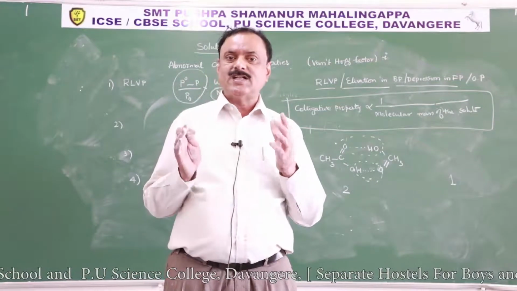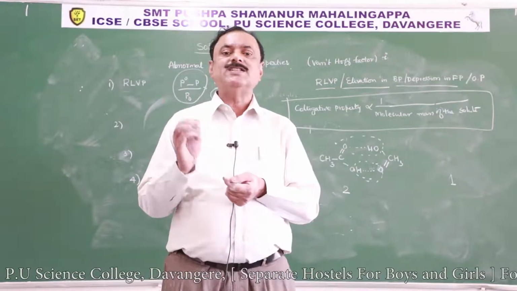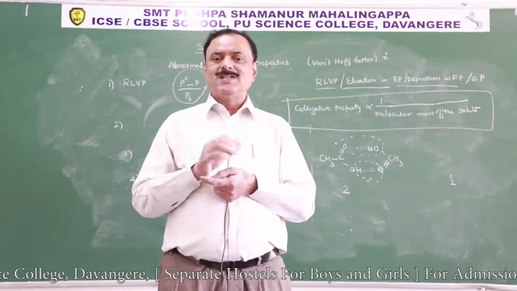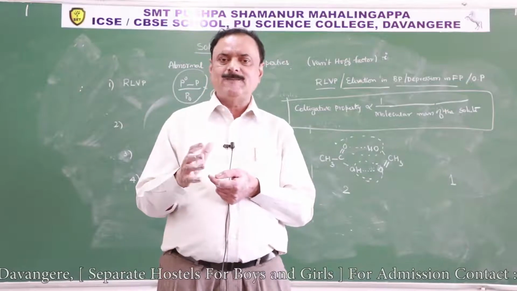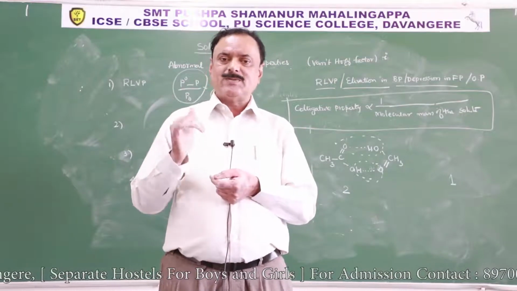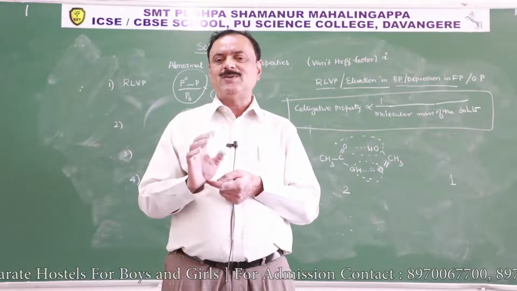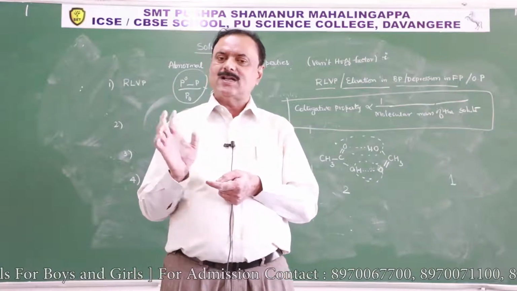Therefore, i stands for the van't Hoff factor, which is nothing but the number of particles present in the solution. Number of particles in case of ion dissociation will be higher, therefore the molecular mass will be lower. Therefore, theoretical molecular mass and observed molecular mass in case of urea, glucose and sucrose are the same.